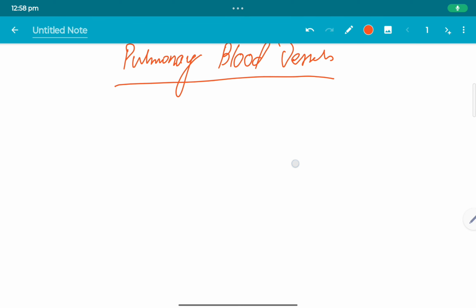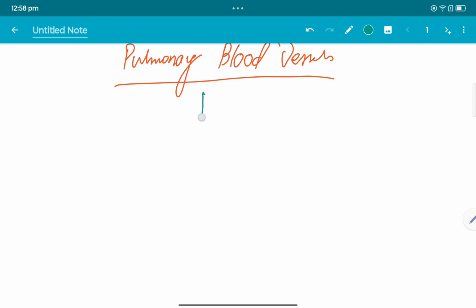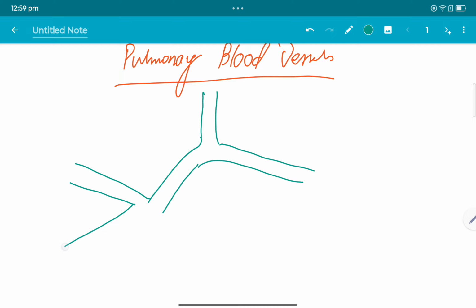So our pulmonary blood vessels, suppose this is our tracheobronchial tree. This is the trachea, this is the right mainstem bronchus, this is the left mainstem bronchus, divided into upper lobe, middle lobe, and lower lobar bronchus. These pulmonary blood vessels ramify across the branches of the tracheobronchial tree.